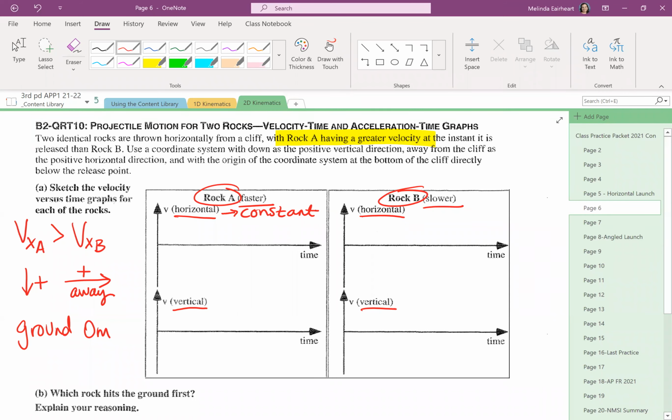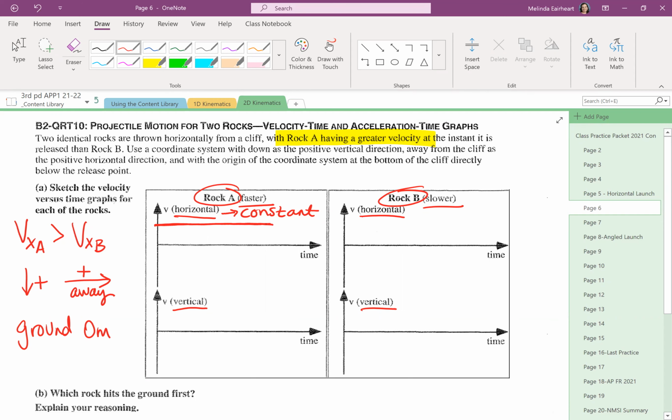So they said we're going to throw it away from the cliff, and away is positive. So it's not your standard up, down, left, right. It's that forward, backward, away and towards the cliff. And so if you throw it away from the cliff, that's the positive direction. And so we want to have a constant horizontal velocity for A, whatever timing it takes.